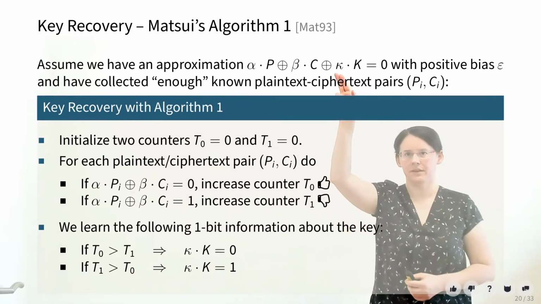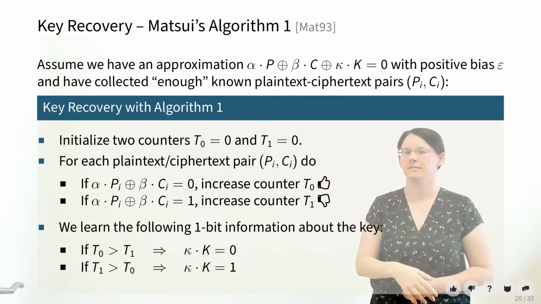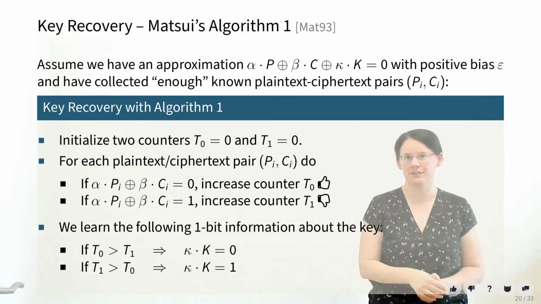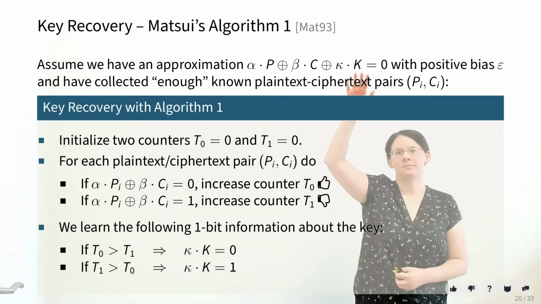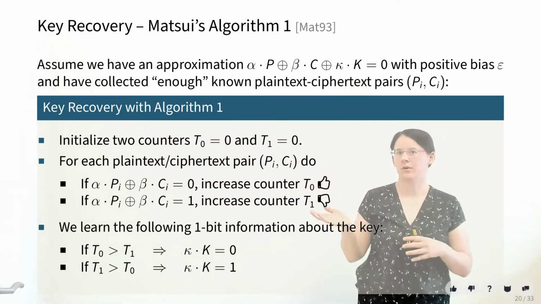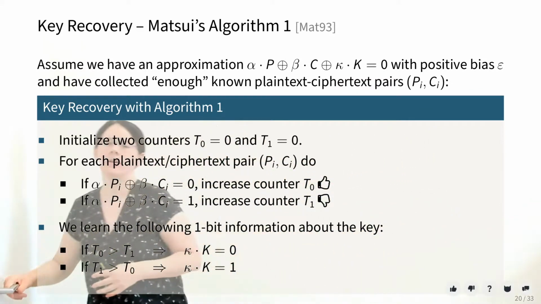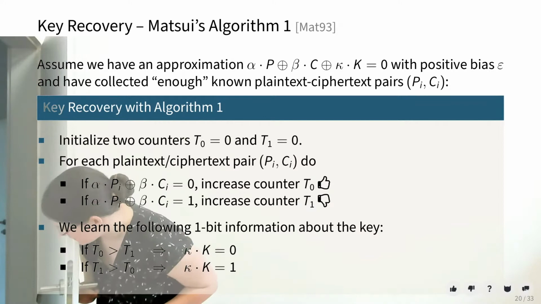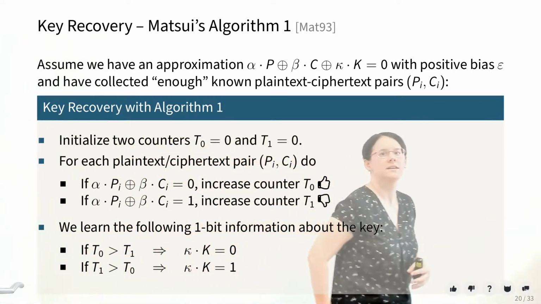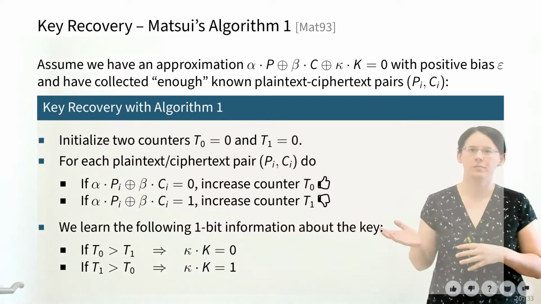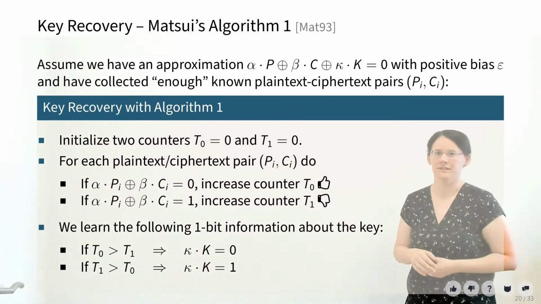The key here is a constant, meaning it's the same key for all of the plaintext-ciphertext combinations that we look at. So it simply changes the role of correct and wrong ciphertexts, but it doesn't change how far this is away from random behavior. So it's either correct more often or wrong more often, but how much more often does not depend on the key value.